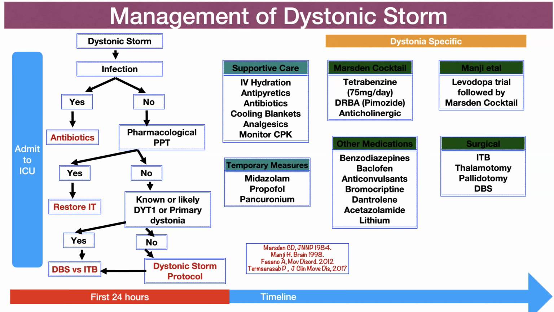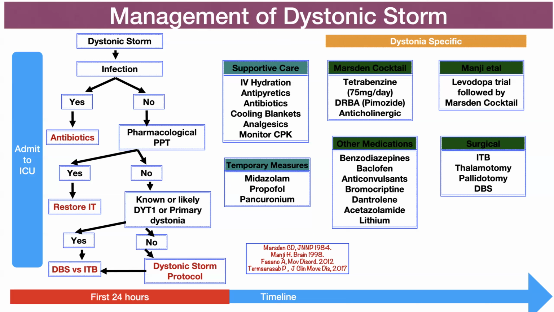Dystonia specific is the classical Marsden cocktail, which is a combination of tetrabenazine, a dopamine receptor blocking agent, and an anticholinergic. Or you can consider other medications independently, such as benzodiazepines, baclofen, anticonvulsants, bromocriptine, dantrolene, acetazolamide, and lithium. Various medications have been tried because dystonic storms are not easy to manage, with different dosages, to see how it works out.